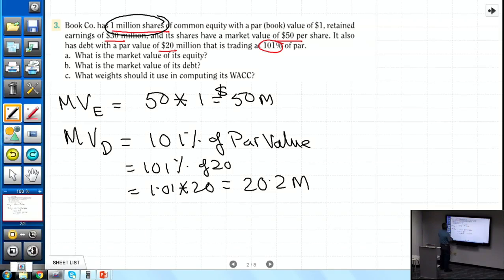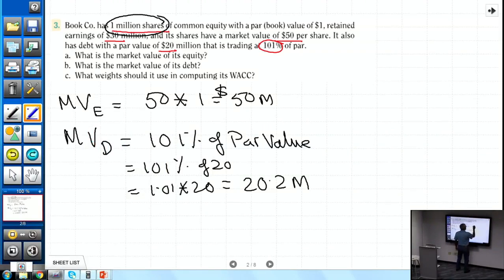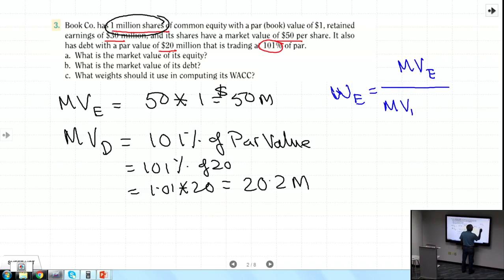So from this I can calculate weight of equity would be market value of equity divided by market value of equity plus market value of debt.